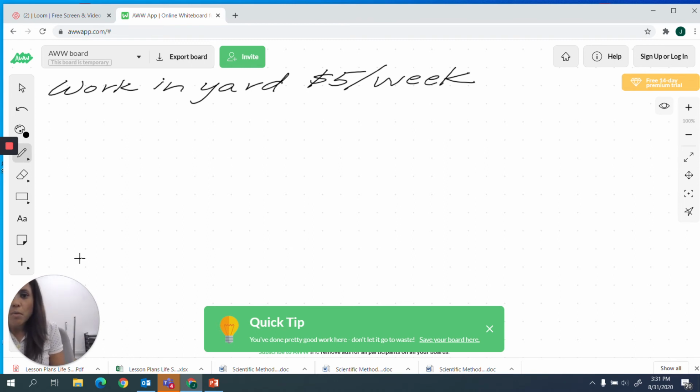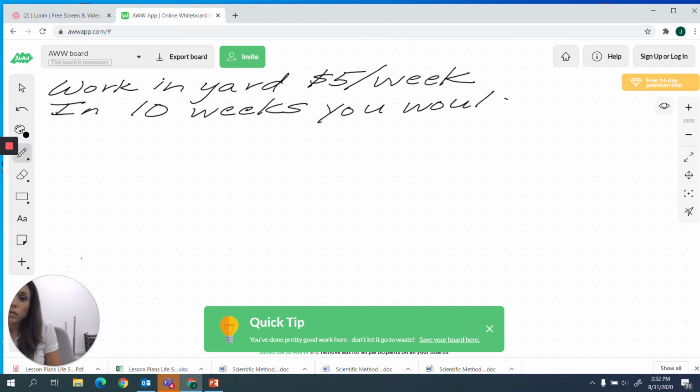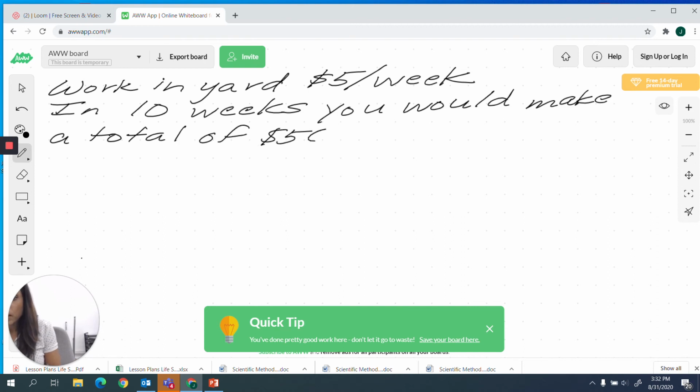So you're going to mow their yard for $5 a week. Okay, in 10 weeks, you would make a total of $50. And you probably could do that math fairly easy just looking at it, but I want to show you how you can do this math when you break it down in a base of 10.